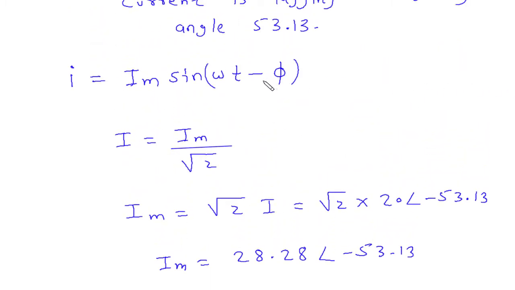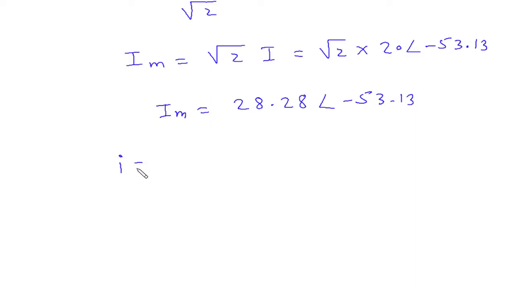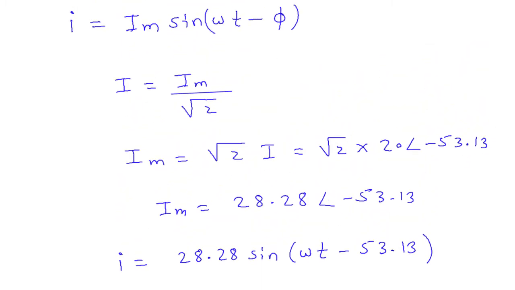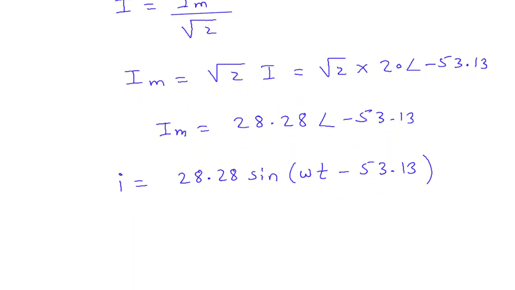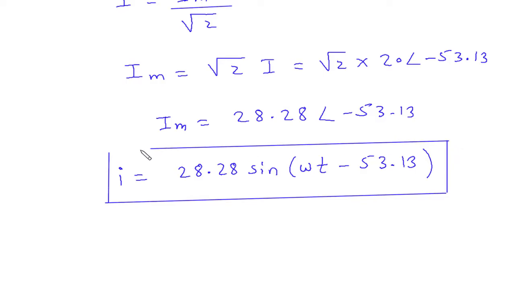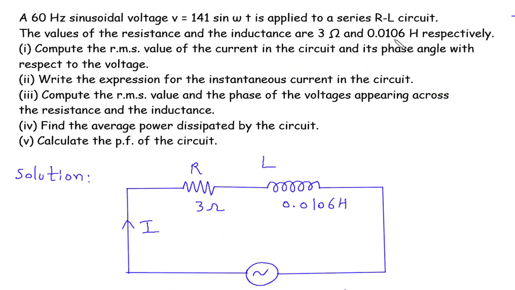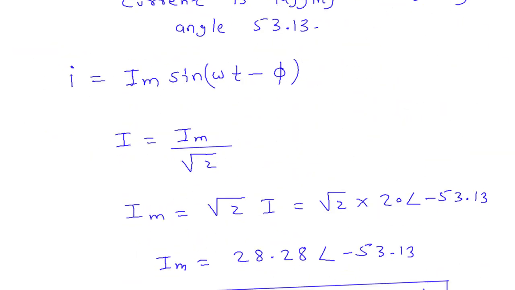Then angle phi will be 53.13. So therefore I is equal to 28.28 sin omega t minus 53.13. This is the value of current I. Second is the expression for the instantaneous current. So this is our second answer.